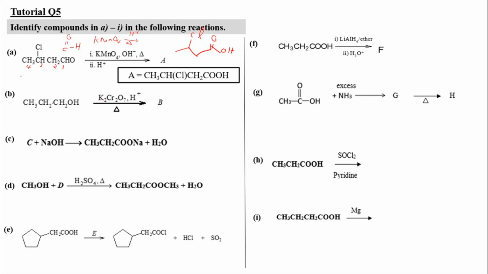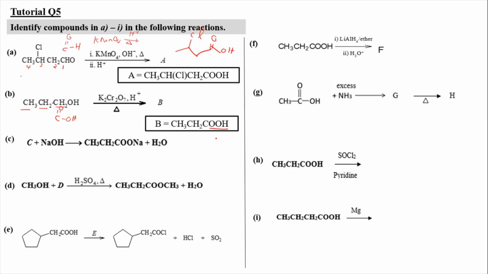The propanol will undergo oxidation with a strong oxidizing agent, which is dipotassium chromate, in order to produce a carboxylic acid as well. So it's going to produce a propanoic acid, where CH3CH2CH2OH is now changed into C double bond O, OH here.